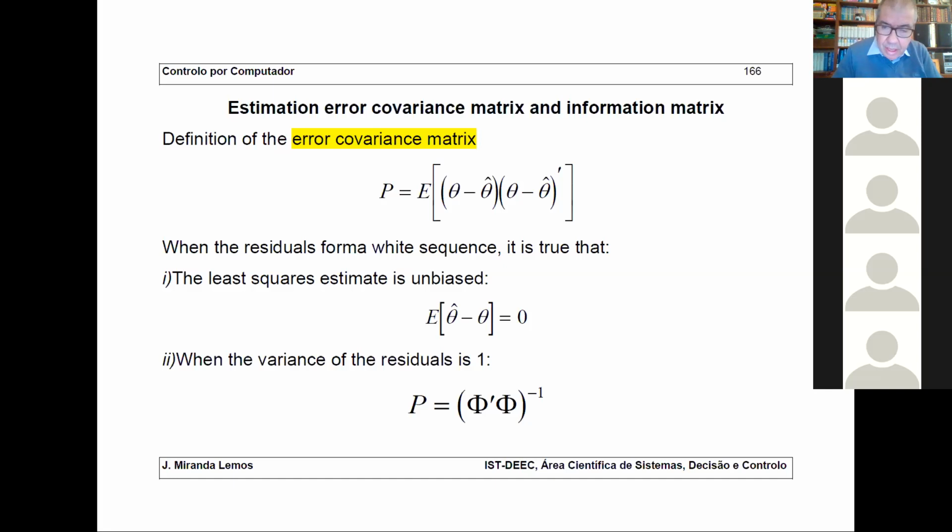Instead, having an outlier means that at some time a very large error can appear, and this appears with a high probability. Could you understand my explanation? Yes. Okay. More questions?